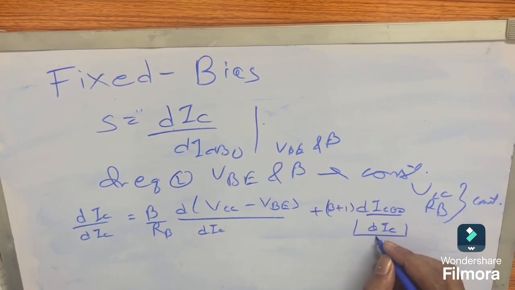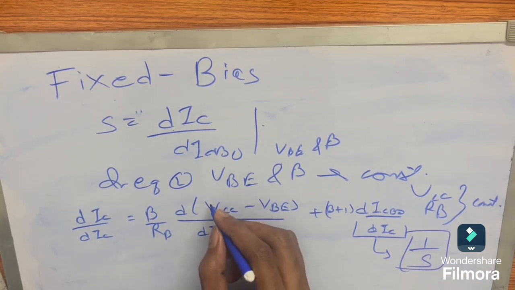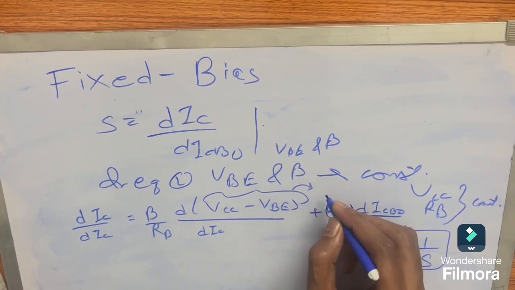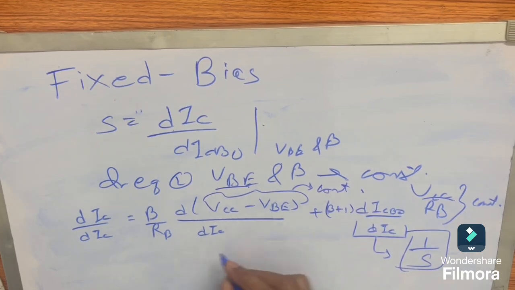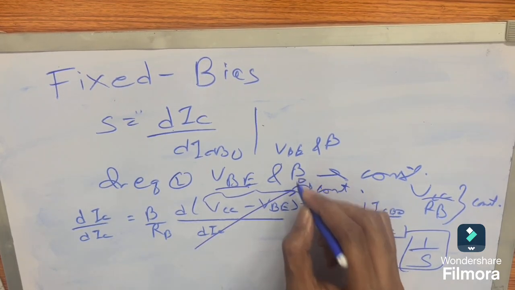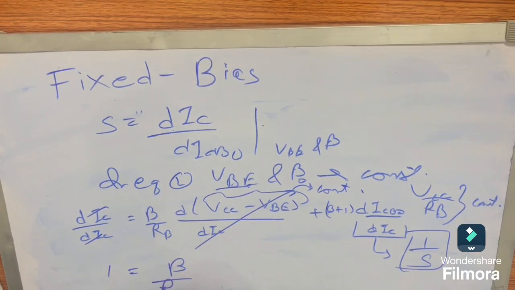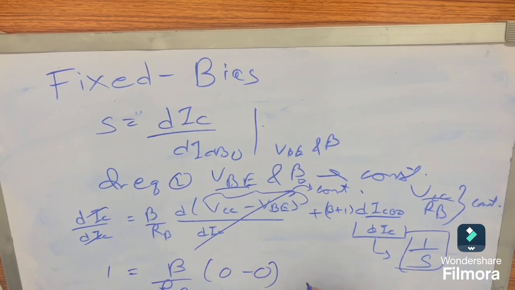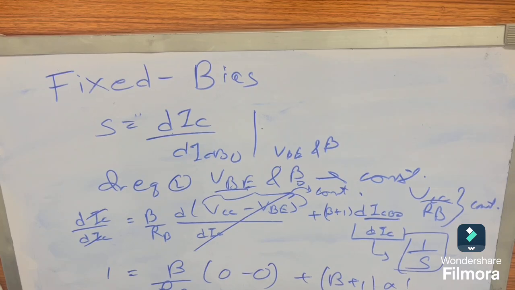This factor is the reciprocal of the stability factor, 1 by S. VCC and VBE are both constant, so the differentiation of this factor remains 0. So 1 equals beta by RB times 0 minus 0 plus (beta plus 1) times 1 by S. From this we can see that the stability factor is equal to beta plus 1. This is the stability factor of the fixed bias circuit.